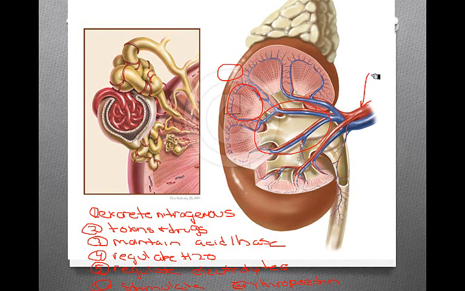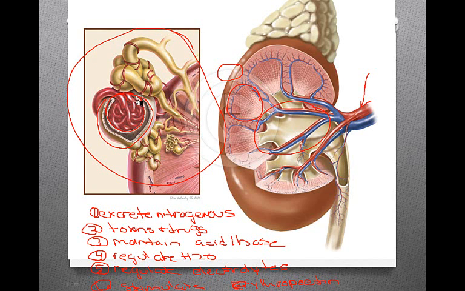This comes directly off of the aorta. And then you have your glomerulus here, which is a bed of capillaries, and your Bowman's capsule. And this is all part of your nephron. This whole thing is your nephron, and you have millions of nephrons in each kidney. And they act as tiny filters that take blood, and when the process is over, you have urine.